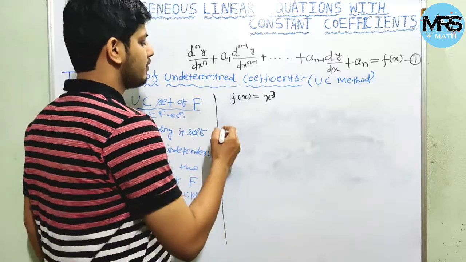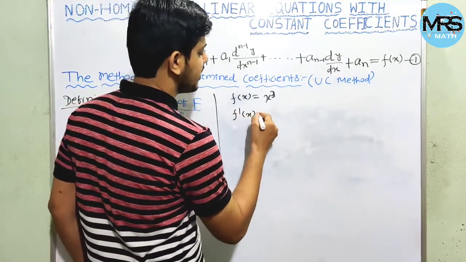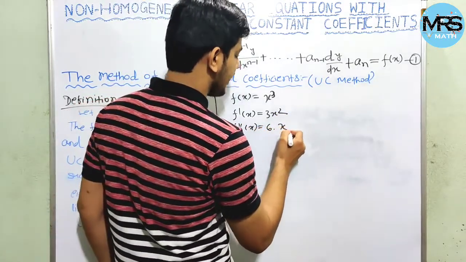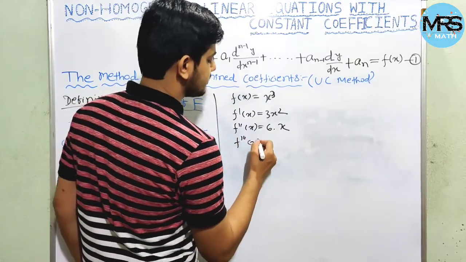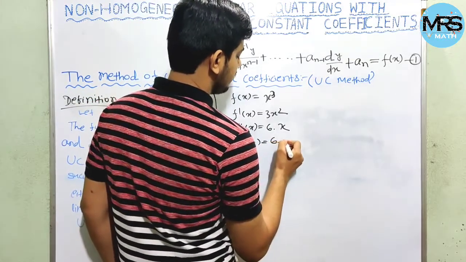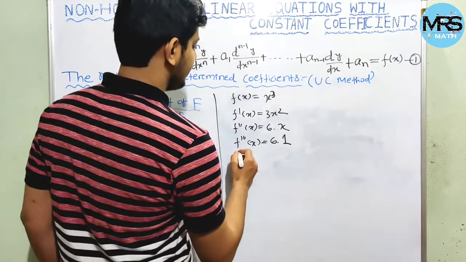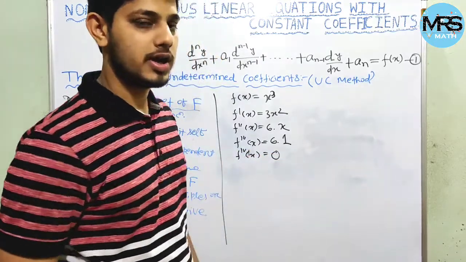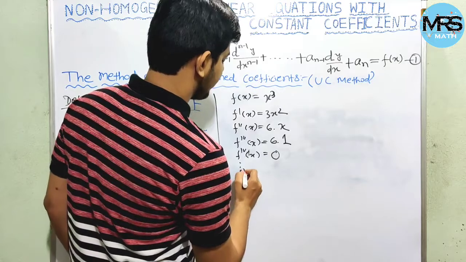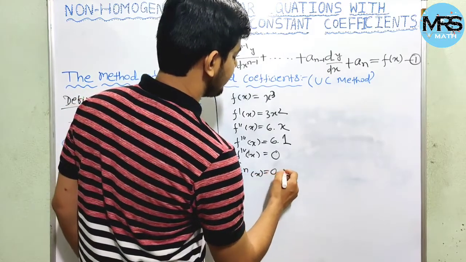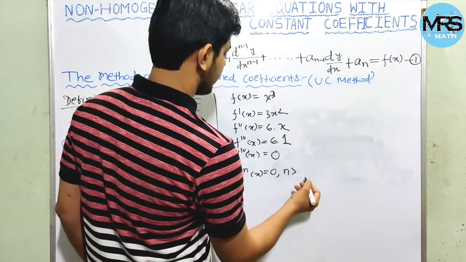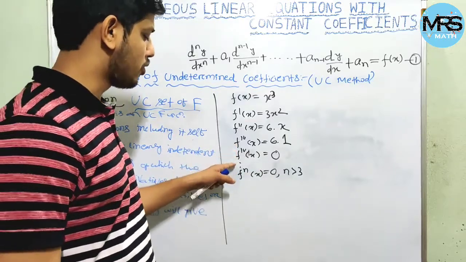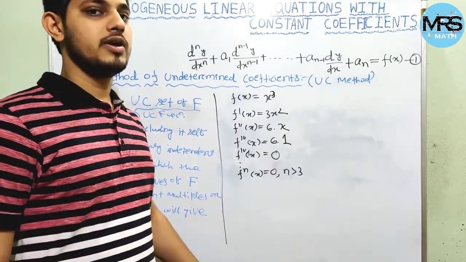If you find the successive derivatives, f dash x will be 3x square, f double dash x will be 6x, f triple dash x will be 6 into 1, and the fourth derivative will be equal to 0. Similarly, the nth derivative will be 0 for n greater than or equal to 4, that means from 4 onwards it will give 0.